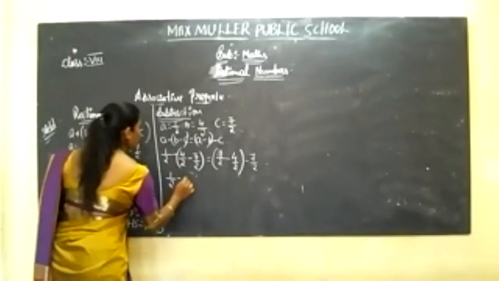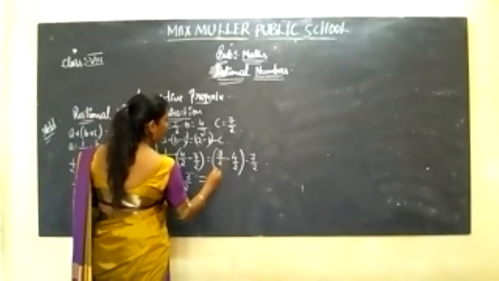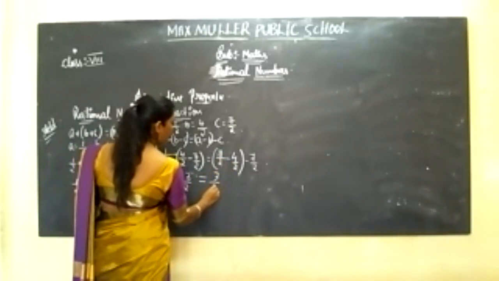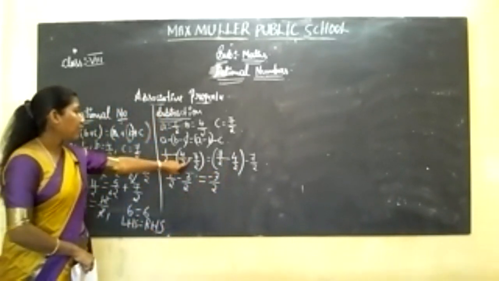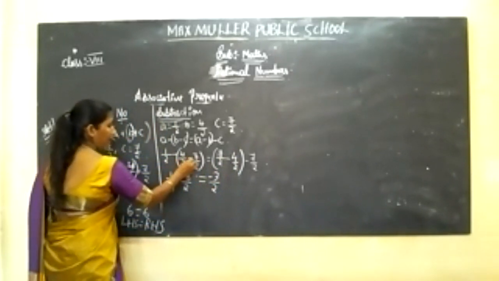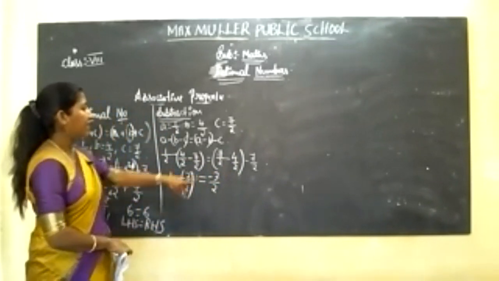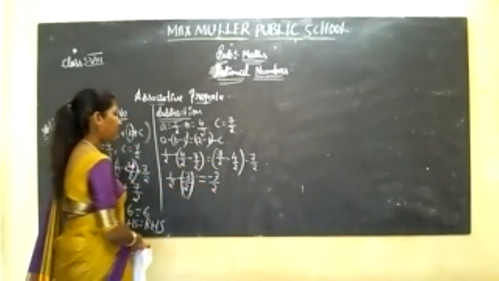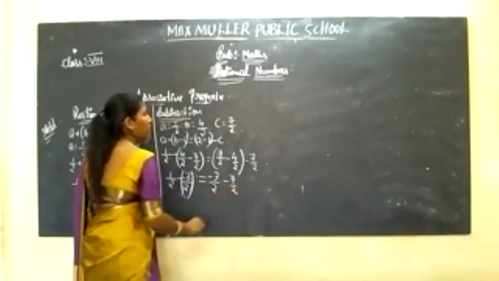It is 3 by 2. Here, 4 minus 1, 3 by 2. But here it is the greater value you are putting here. Okay. So it becomes minus 3 by 2. And here also it is minus 3 by 2 minus 7 by 2.